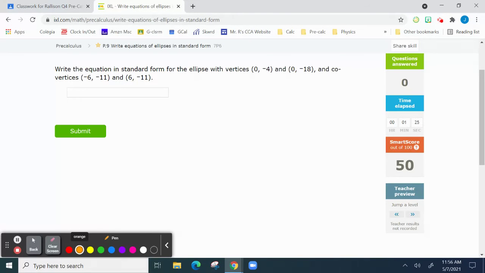We're going to make just a little XY plane there so we can graph stuff out and see where it is. So let's see. The vertices are at (0, -4) and (0, -18).